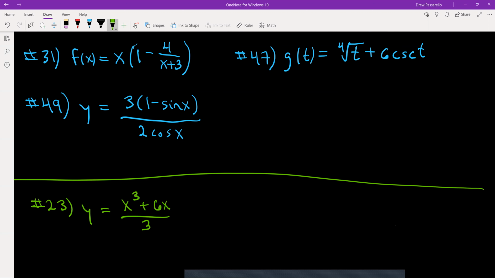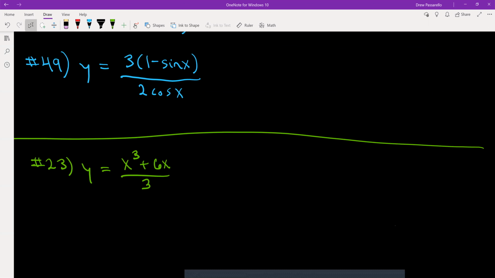All right, so even though there's a fraction, and I guess technically you could do quotient rule, but I think it's easier to just rewrite this, and I can rewrite it as x cubed divided by 3, and then plus 6x divided by 3.